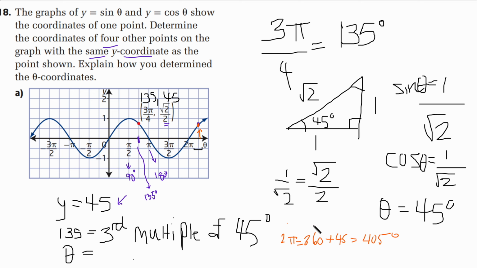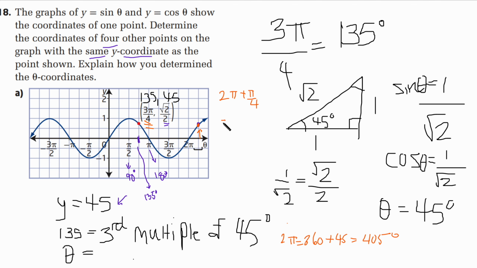Okay, and how much would that be in radians? Because our coordinates are given to us in radians, how do we do that? Well, one thing you can say is, what's 45 degrees in radians? 45 degrees in radians is pi over 4. So to convert it into radians, it's 2 pi plus pi over 4. Then we have to do a common denominator.